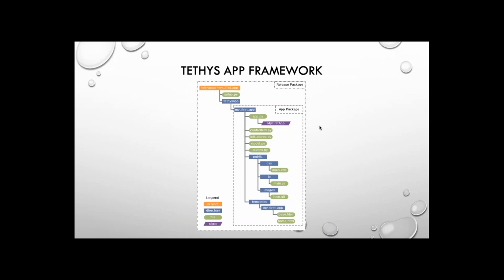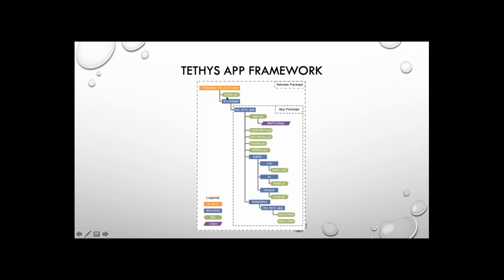Since they are all Django applications, they are designed in a certain way. The good part is Tethys gives you tools to scaffold this app, to generate a new app, and you don't have to worry about making sure that these files are named right and they're in the right directories. But when you do an app scaffold, this is what is generated.